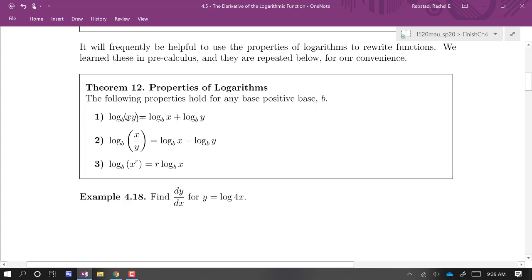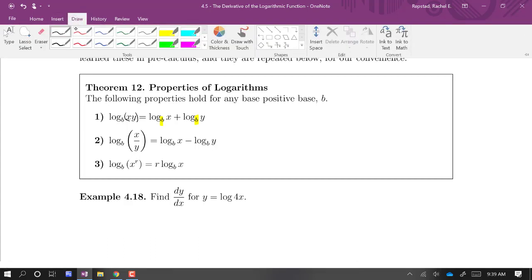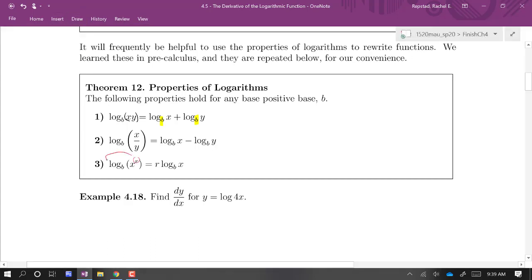And these work in both directions, right? So if I were adding two logs, I would be able to combine them as long as they're the same base, and write them as a single log. And then the third one's my favorite, log base b of x to the r. If I'm raising something to a power inside a log, I can bring this power down in front as a factor in front of the log.